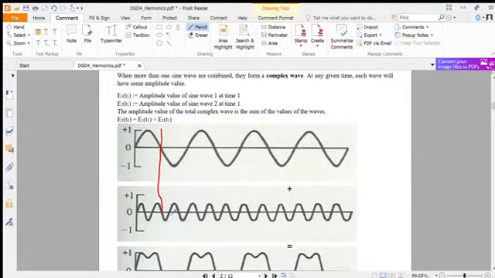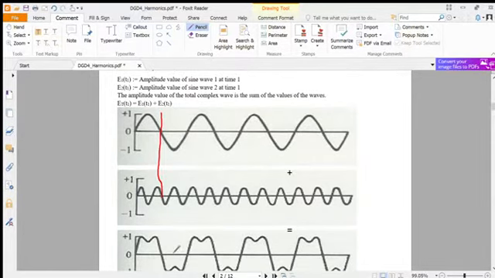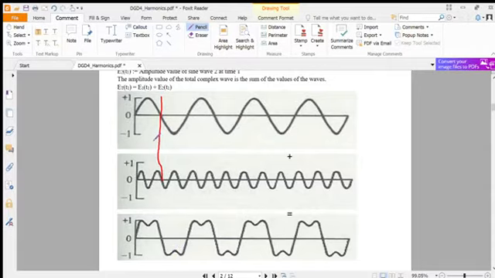If we add these two, we get this one. This is the resultant ET, and here is E1 at any point. It could be here, this is the point T1, and here it could be T2.